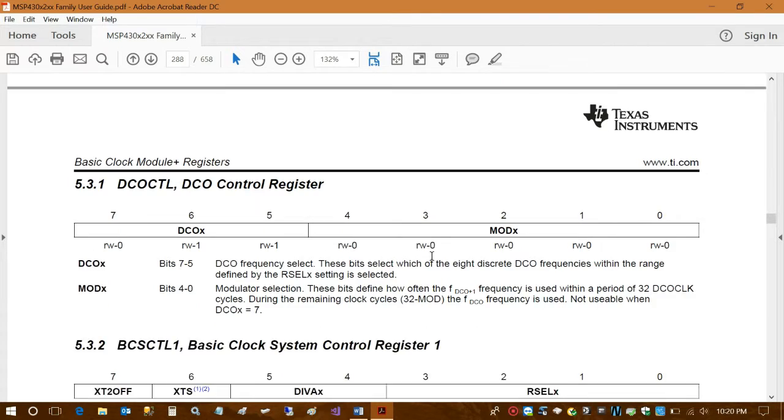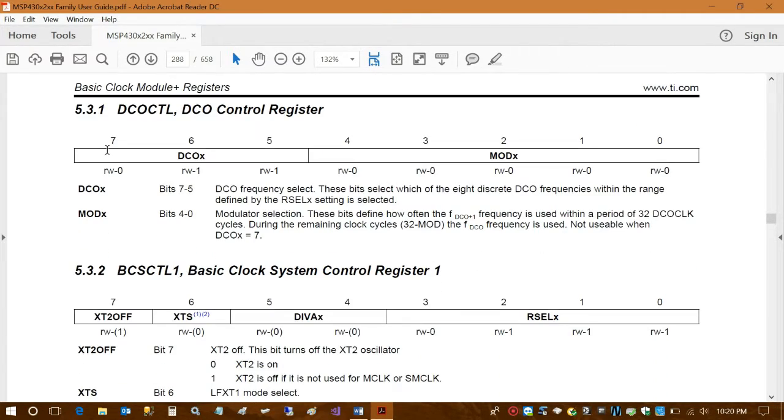So first, coming to the DCOCTL register. Here you see there are only 8 bits. I told you it's an 8-bit register. The first 5 bits, that is 0, 1, 2, 3 and 4, are read-write, and the initial values are 0. RW-0 means the read-write value initially is 0. So the MODx, or the modulation selection, is by default 0.